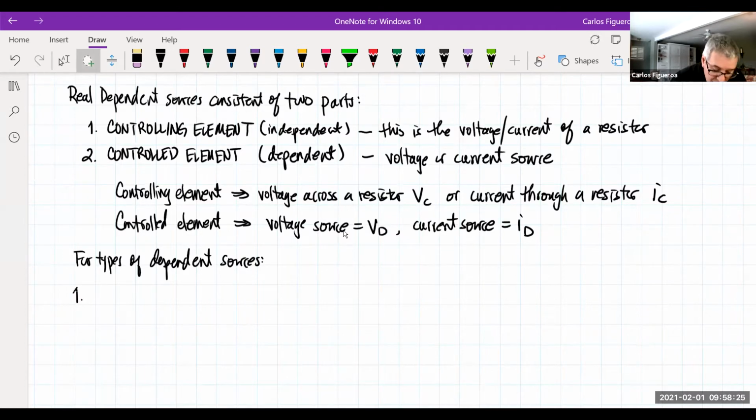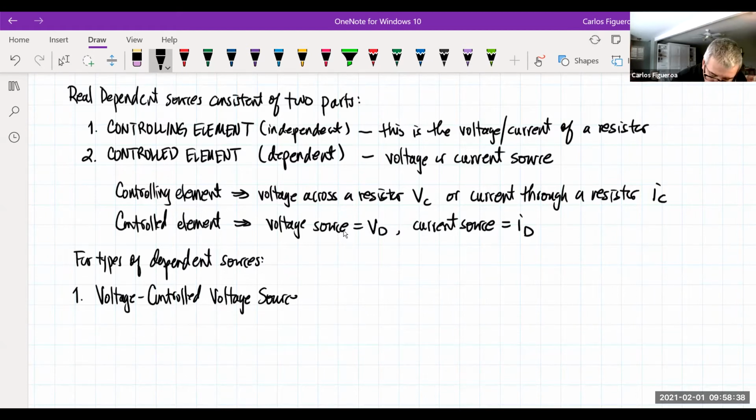So the first one I'm going to do is what's known as a voltage controlled voltage source. And so you could see my acronym, right? VCVS. So I'll call this VCVS.